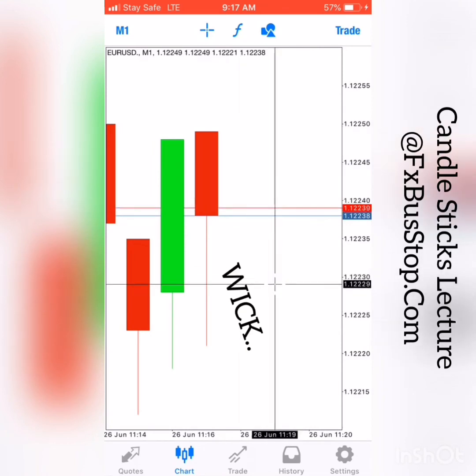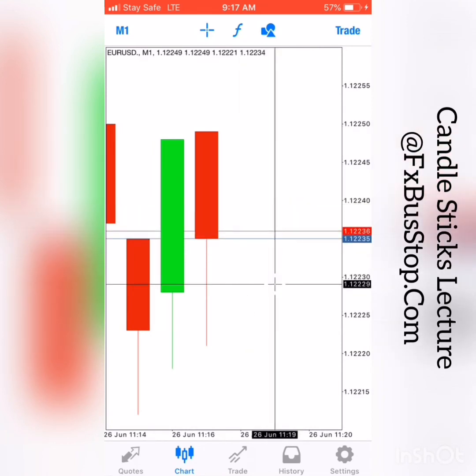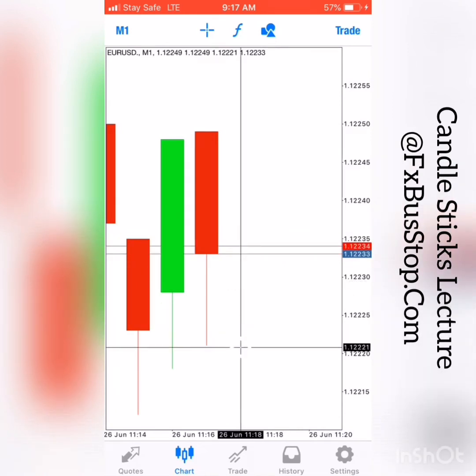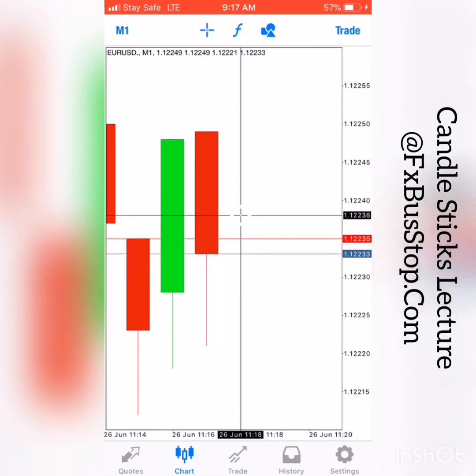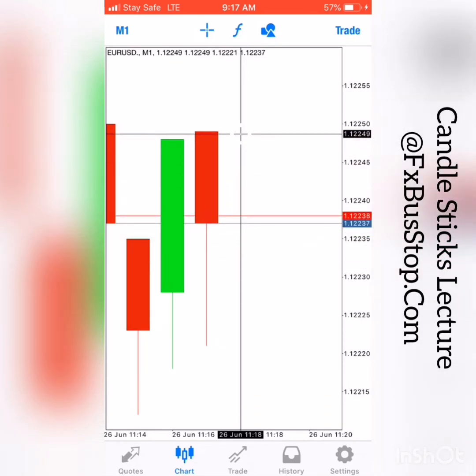As it's retracting, it is leaving behind its trace. Those traces are the wicks, while the body of the candle, the solid figure you're seeing, indicates the opening and the closing price. The wick at this point is going to be the lowest point for this particular candle.